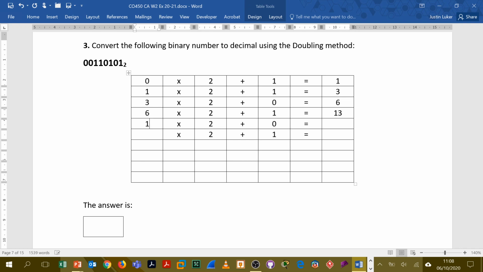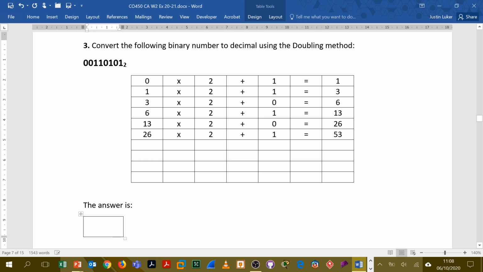And 13 times 2 is 26, plus 0 means 26, and 26 times 2 is 52, plus 1, 53.